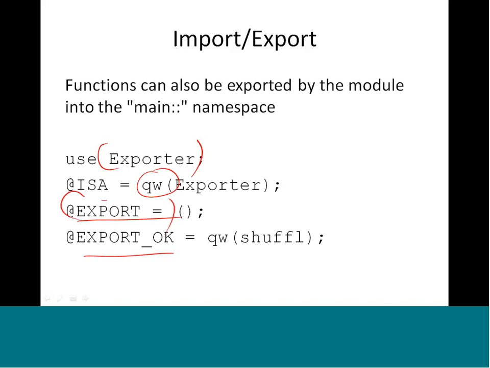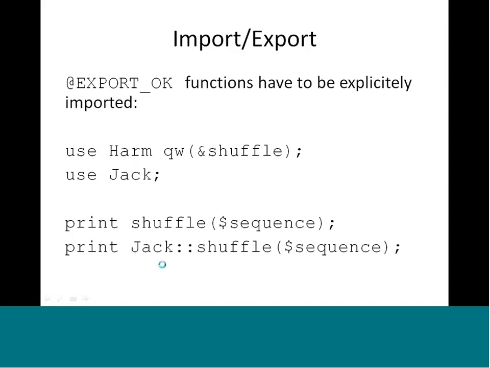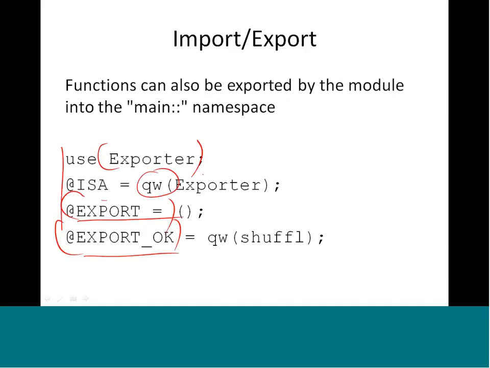These are the two preset variables that we will see what they represent in the next sections. So the EXPORT_OK functions have to be explicitly imported. What this means is once we add this in front of our programs, that becomes the modules or the functions that can be exported.